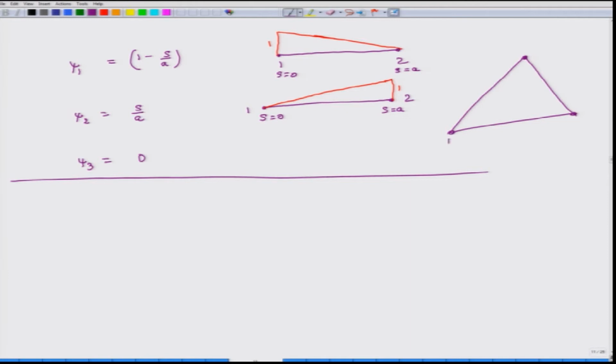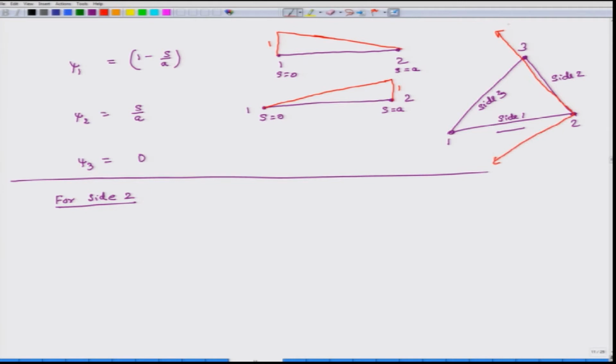This is 1, 2, 3, this is side 1, this is side 3 and this is side 2. These expressions are valid for side 1. So, for side 2, I reconstruct my local coordinate system.